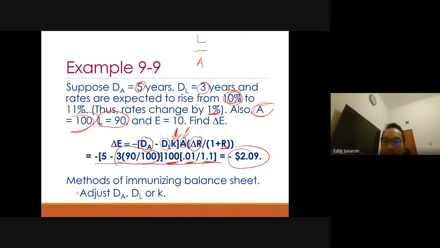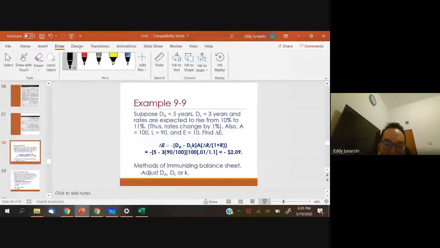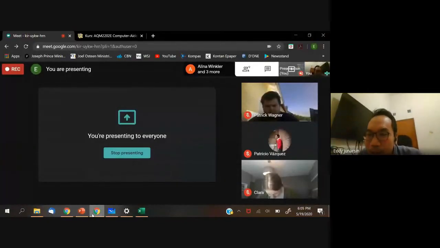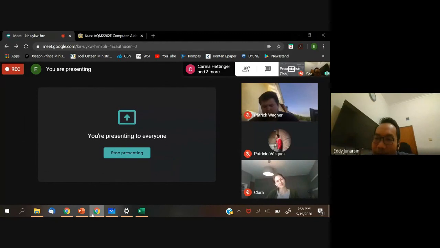Suddenly you find out that the equity value will decrease by 2 million for nothing. Remember, this is not your mistake. You did nothing wrong, and suddenly the equity value evaporates by 2 million just because of an increasing interest rate by 1%. You could be upset because of this situation.